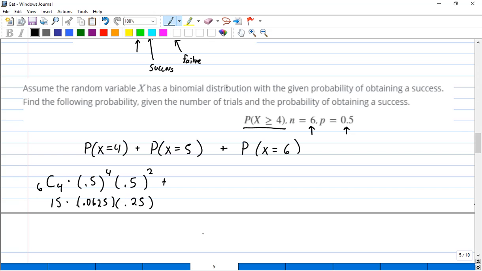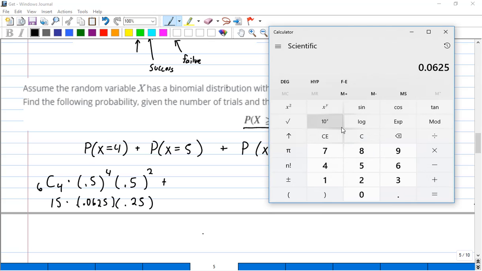Alright, so that's going to be the probability that x equals 4 in this problem. So 15 times 0.0625 times 0.25. And I'm going to write that out all the way out, 0.234375.